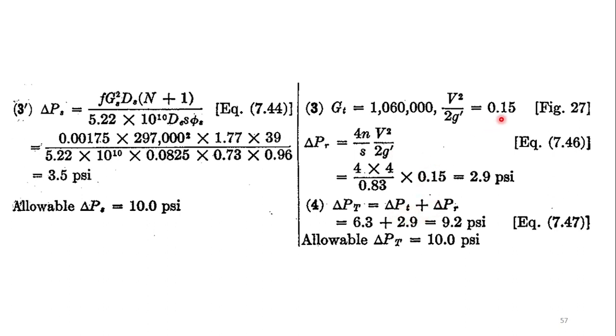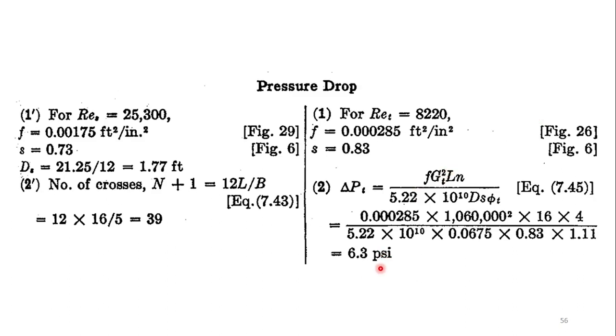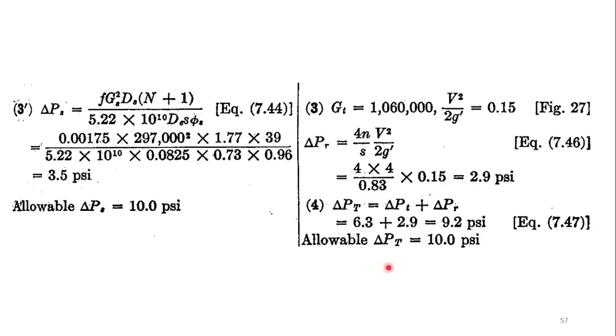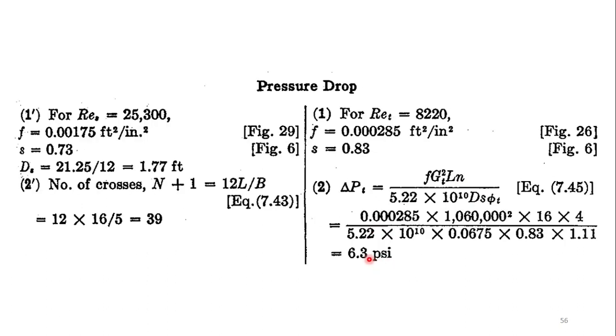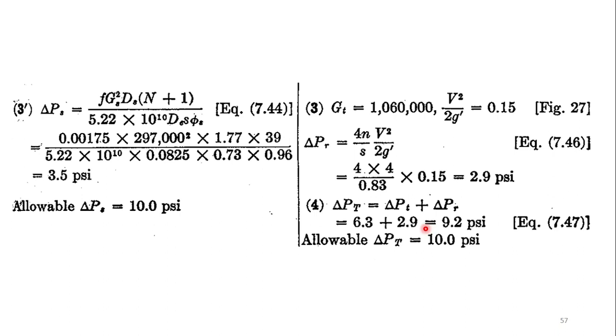One is the pressure drop due to friction, which is 6.3, and the other is 2.9, which is because of the bends, known as the return pressure drop. After adding 6.3 due to friction and 2.9 for the bends, overall the pressure drop in the tube side is 9.2, and the allowable limit is 10. So both the pressure drops are within the allowable limit, so you can proceed further.